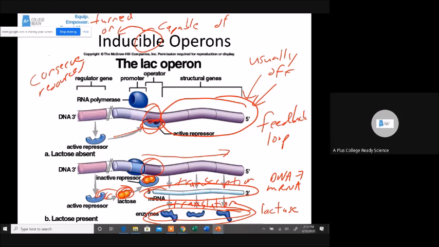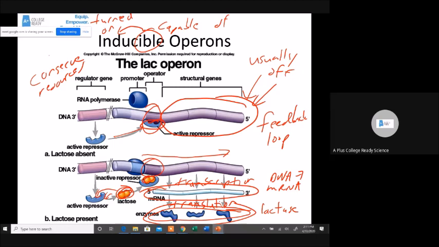But the lac operon, again, is an example of an inducible operon, a group of related structural genes and the other parts of the DNA nearby, which helps to control those genes, which helps to regulate them. And these are turned on in the presence of some object in the environment or in the cell.